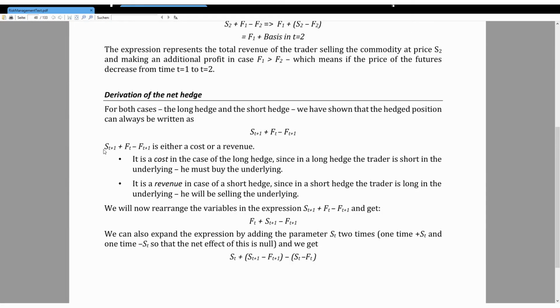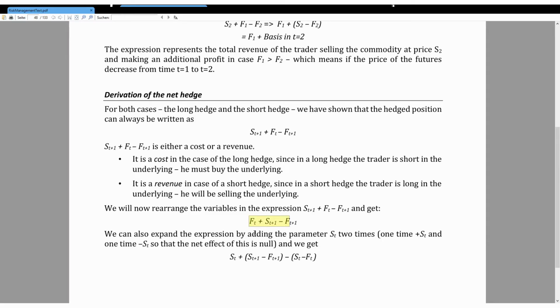So S_T+1 plus F_T minus F_T+1 is either a cost or a revenue. It is a cost in the case of a long hedge, and it is a revenue in the case of a short hedge.